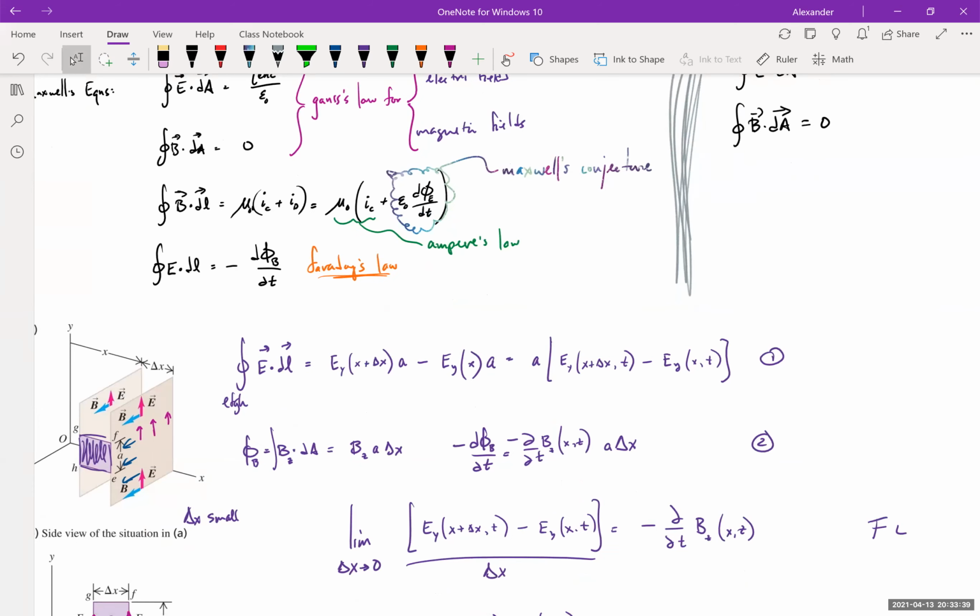If there are no currents, Ampere's law simplifies quite a bit. There's no I sub c. There are no actual currents. There is only possibly a displacement current if there is a time varying electric field. That's the only possibility.